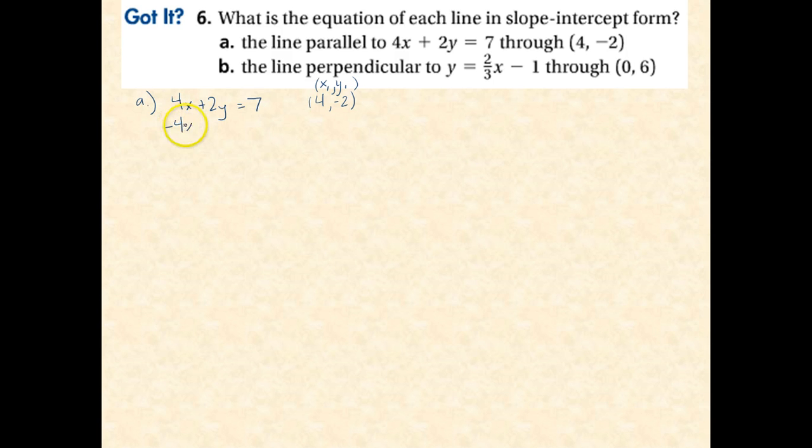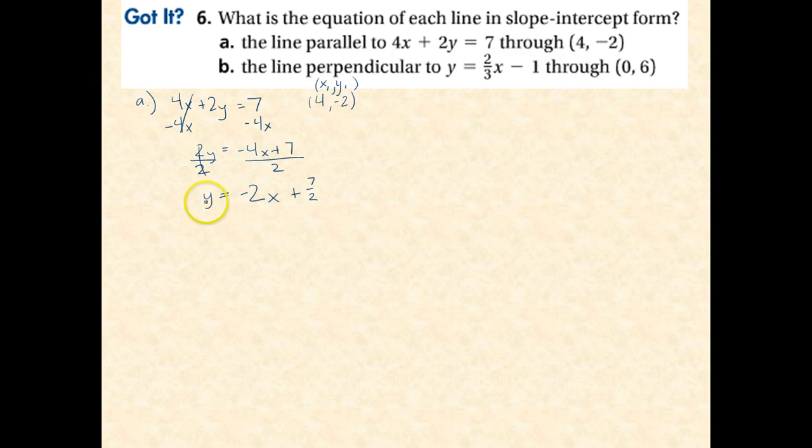If we subtracted 4x from both sides of the equal sign, we would get 2y equals -4x plus 7. And then if we divided both sides by 2, we would get y equals -4 over 2 is -2x plus 7 over 2.